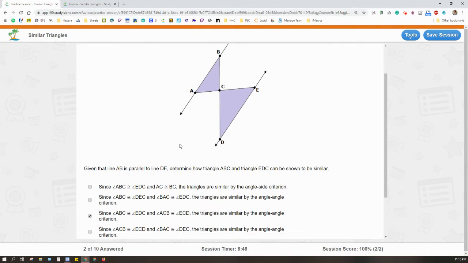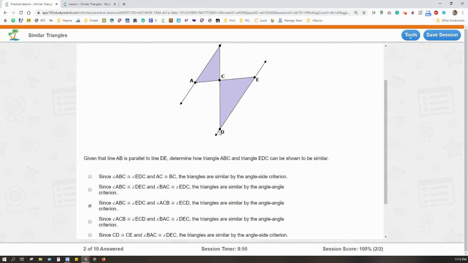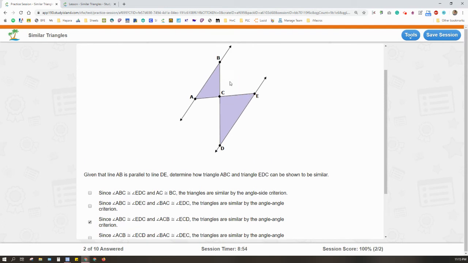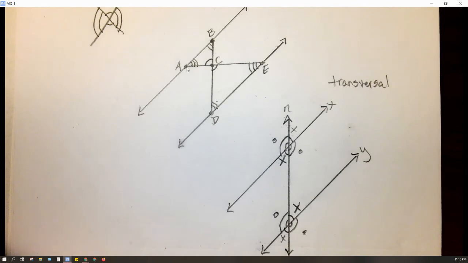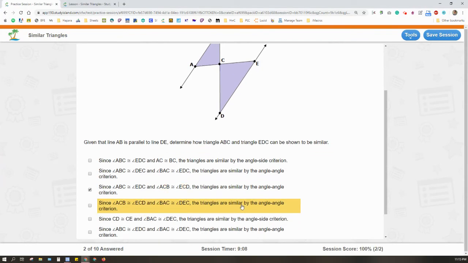Is that congruent to DEC? DEC, this angle right here. So is this angle congruent to this angle? Yes, if we go back and look at our diagram, those both have 3 tick marks. Those are alternate interior angles as well. So yes, those are also congruent. If they are, then you have the angle criterion.